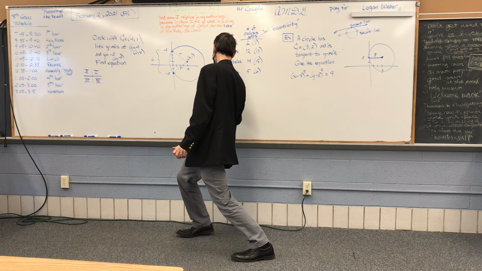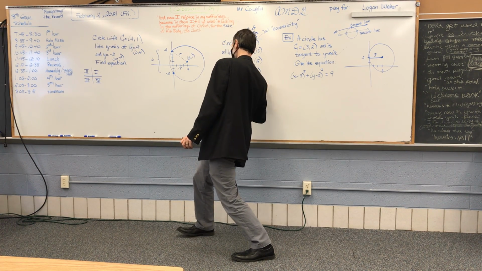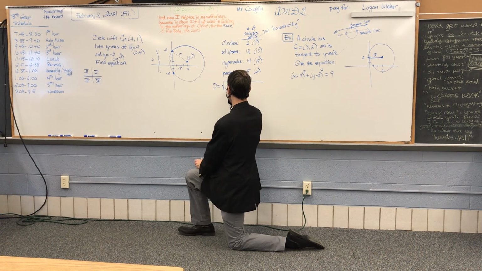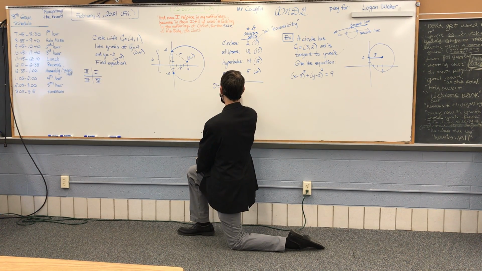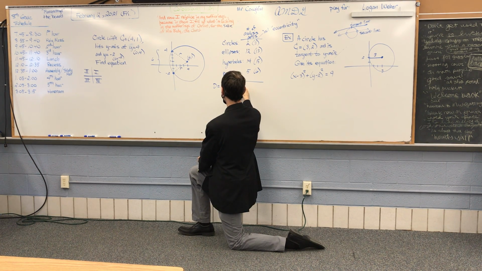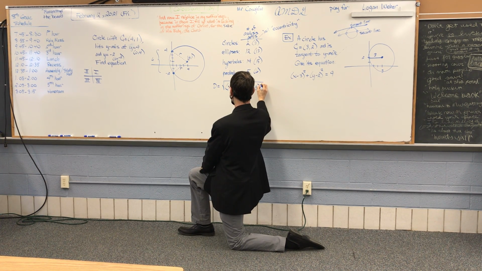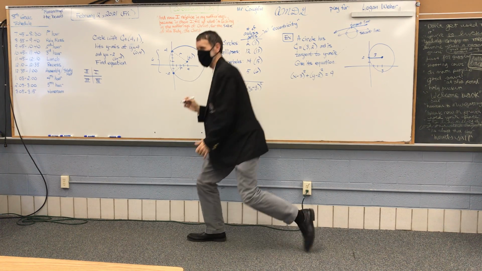It's a big radical, x2 minus x1 squared, plus y2 minus y1 squared. That's the distance formula.